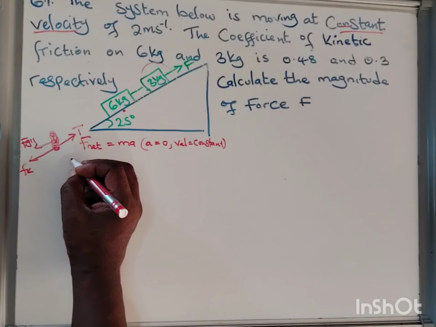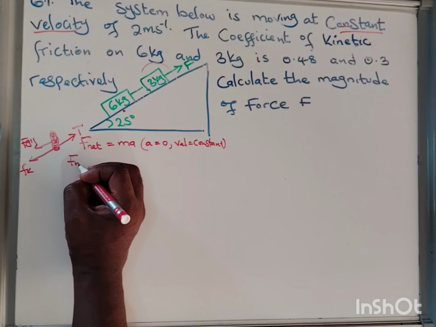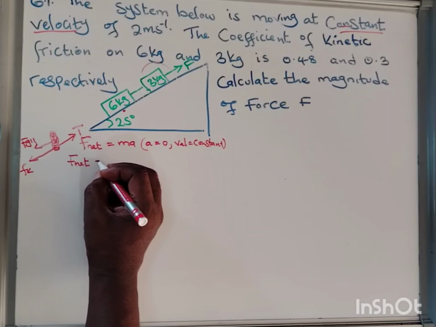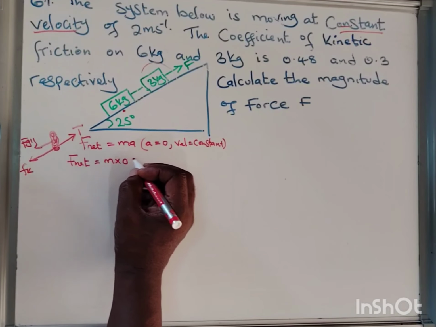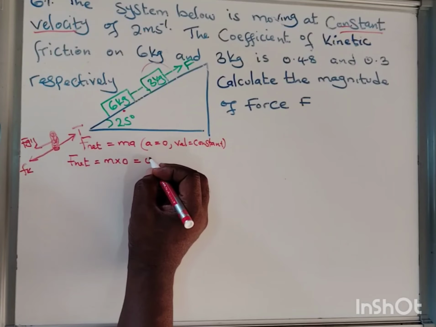So what can we conclude? We can conclude that F net is equal to m times 0, which is equal to 0.